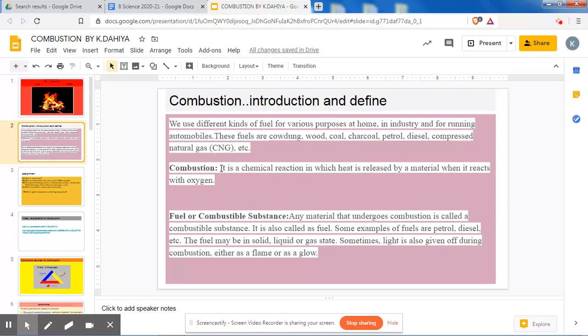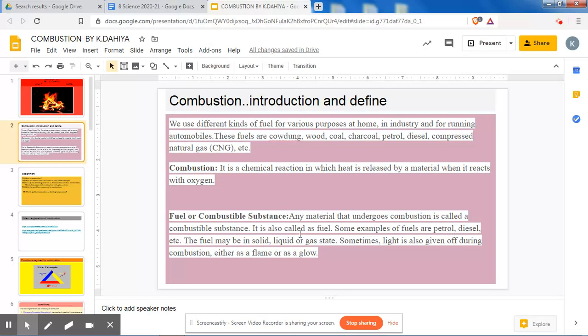So we can say that combustion is a chemical reaction in which heat is released by a material when it reacts with oxygen. Now there are two types of substances, combustible substances and non-combustible substances. Any material that undergoes combustion is called a combustible substance, and it is also called a fuel.